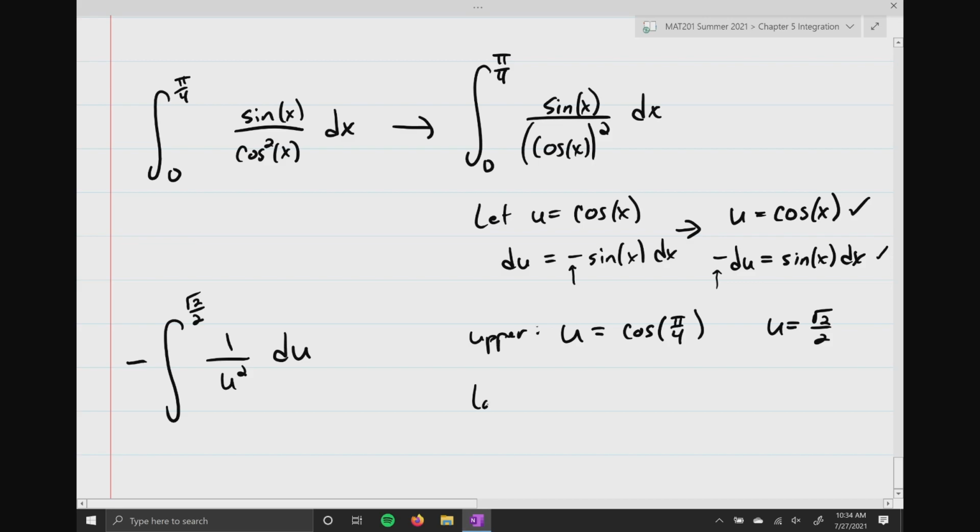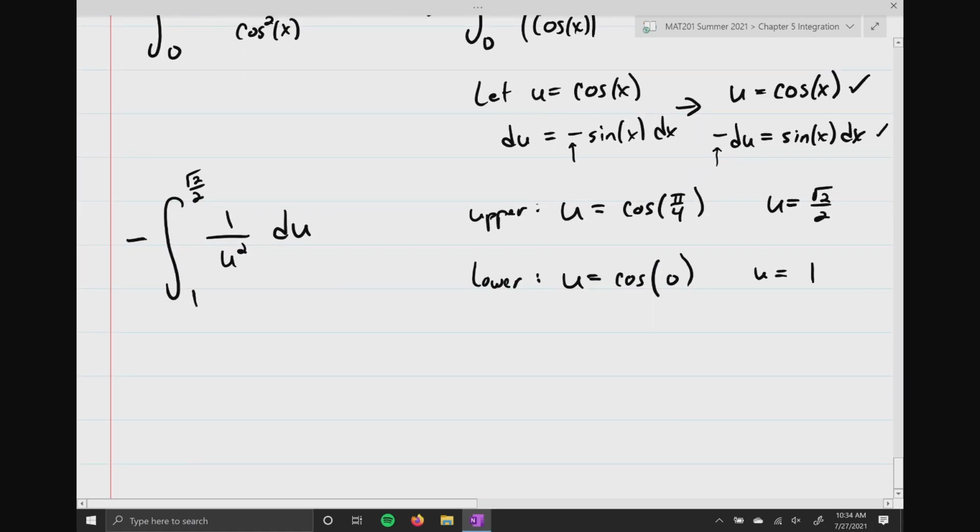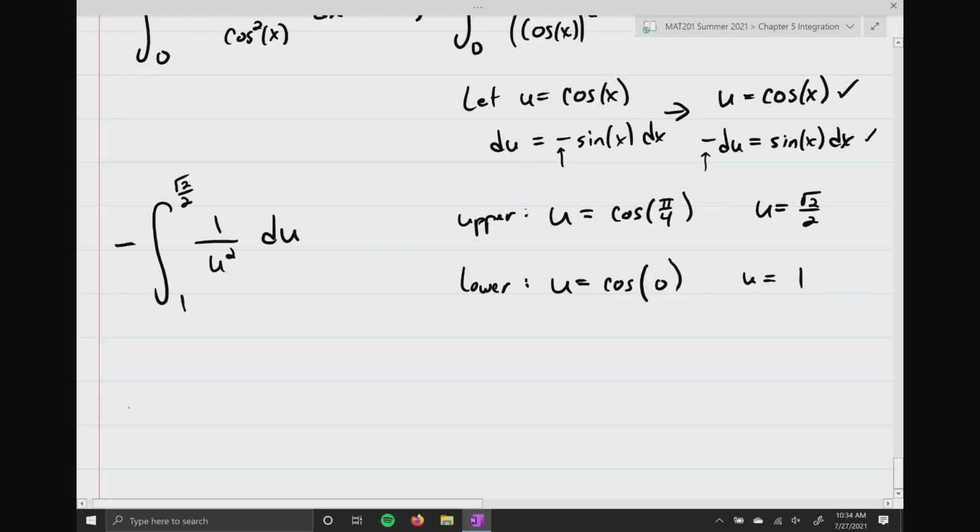For my lower limit, u equals the cosine of 0, which means a 1. Okay? So now, let's just rewrite this problem a little bit here. So we got the negative integral from 1 to the square root of 2 over 2 of u to the negative 2 du.